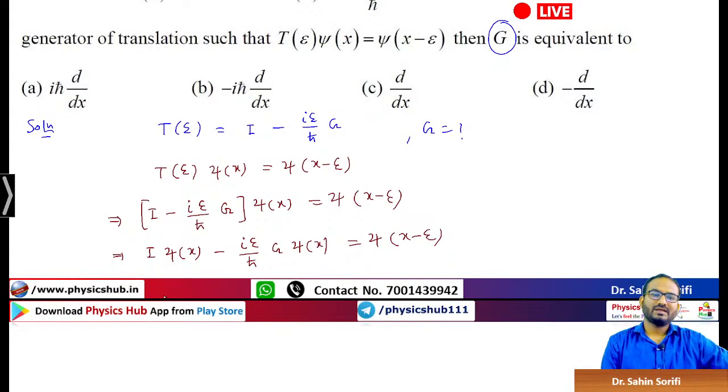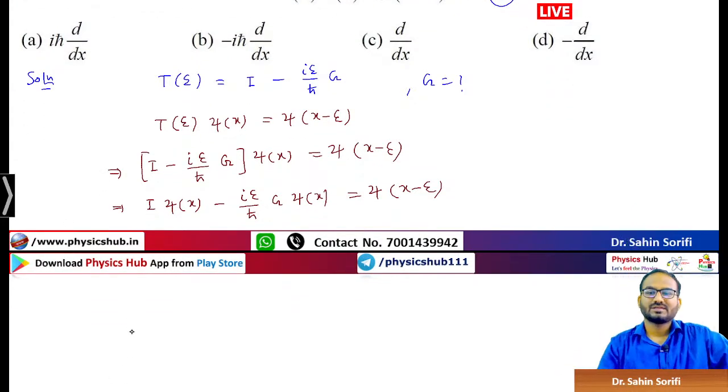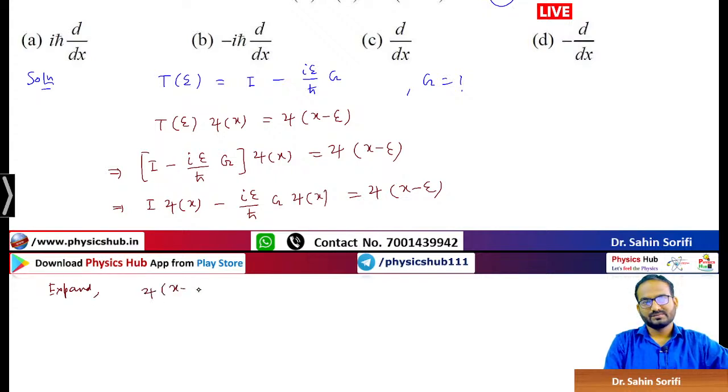We have to find out ultimately G, so let us expand psi of x minus epsilon up to order epsilon.